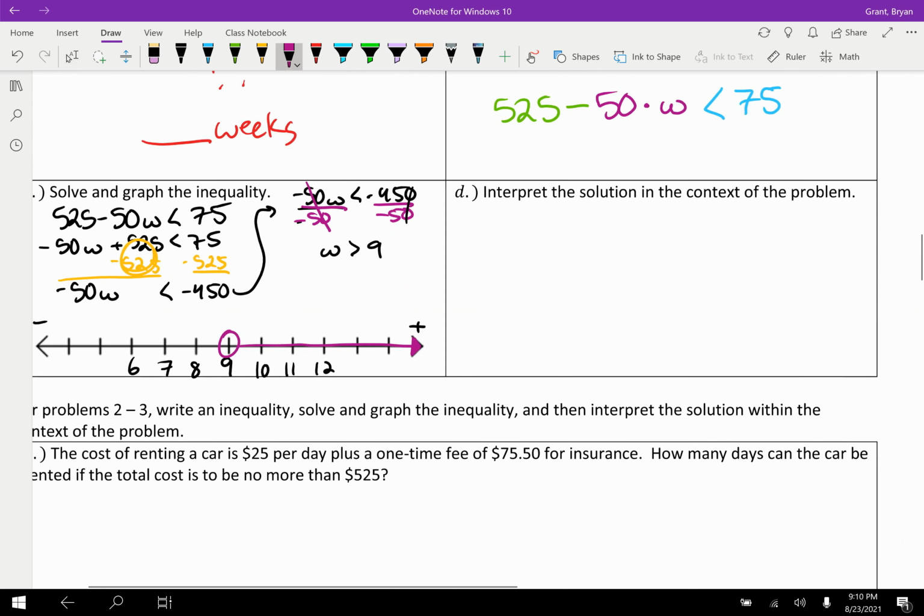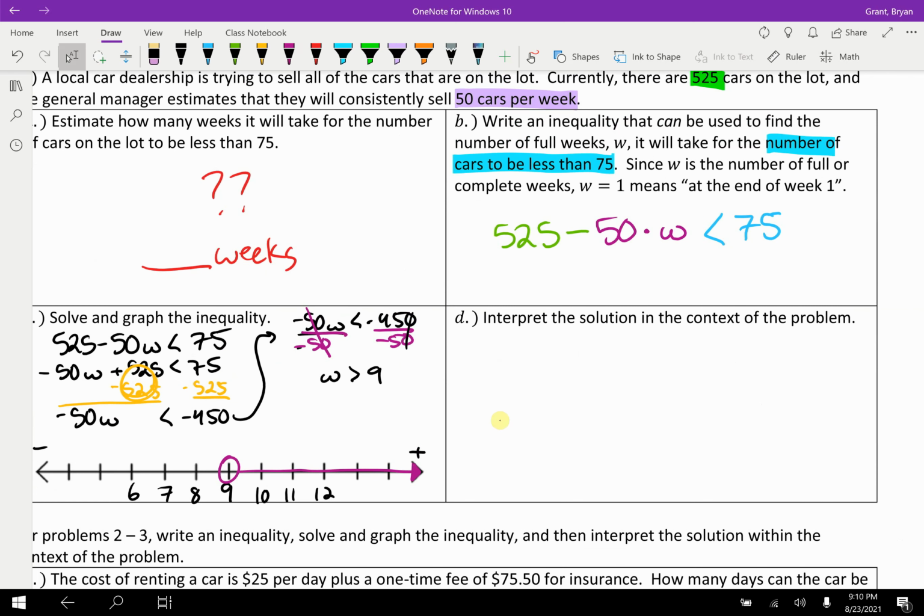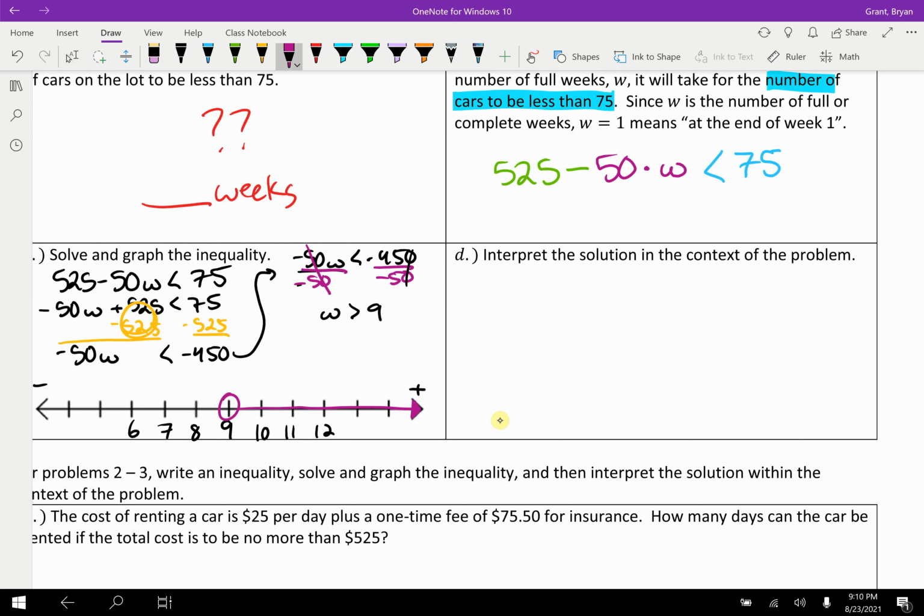Part D, interpret the solution in the context of the problem. Well, W greater than 9, W stood for, let's see, the number of full weeks. Okay, so this says weeks greater than 9, so we can't use 9.